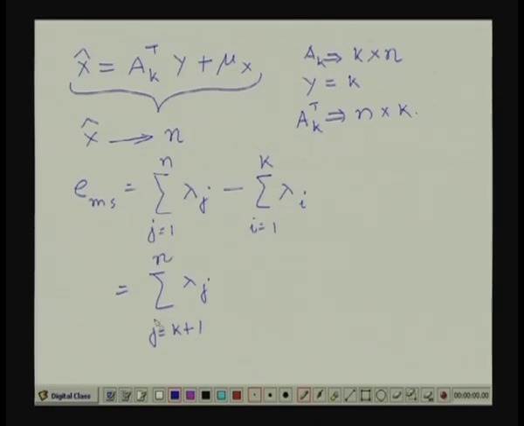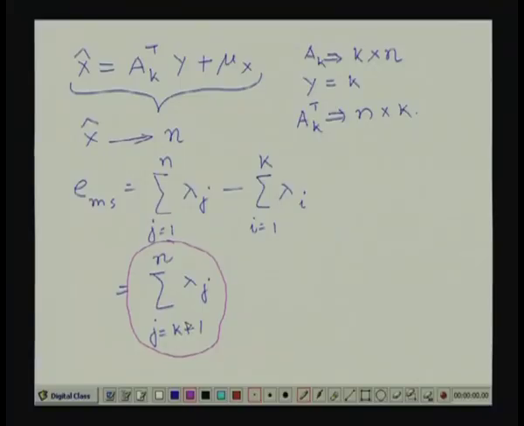So, you find that this mean square error, this term that we have got, you remember that while forming our transformation matrix A k, we have considered k number of eigenvectors of matrix C x, and these k number of eigenvectors correspond to the largest eigenvalues of matrix C x.